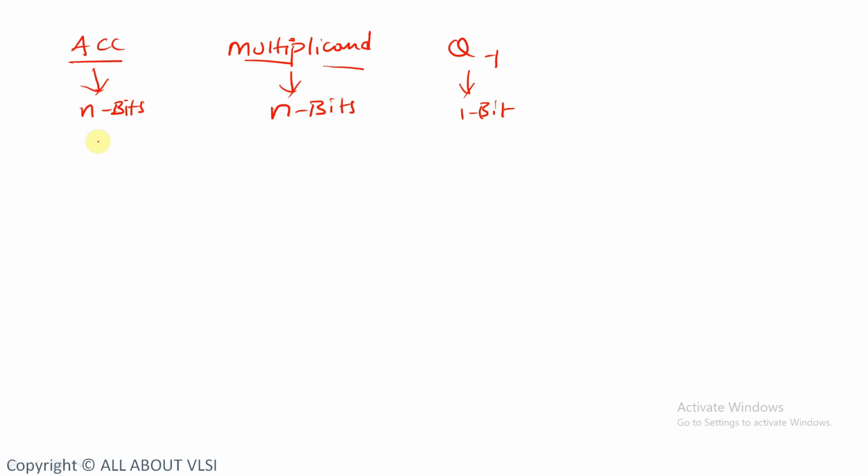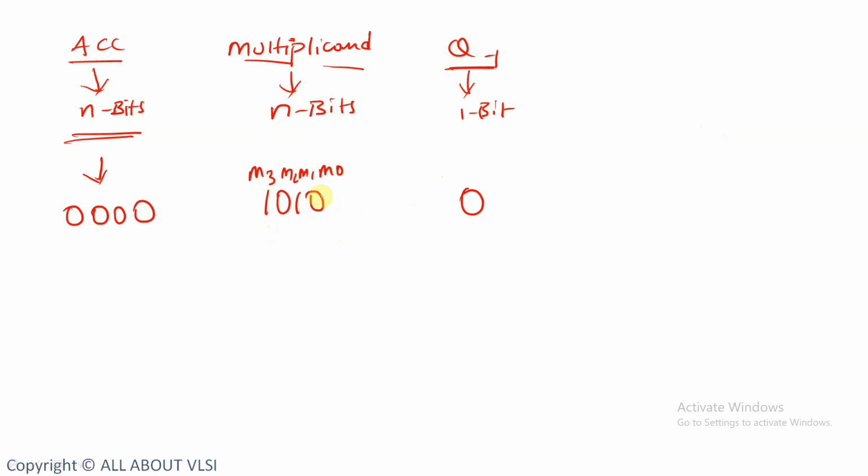Initially the accumulator value will be all four zeros, the multiplicand is 1010, and q minus 1 we will also take as 0. So this is m3, m2, m1, and m0, and this is q minus 1.